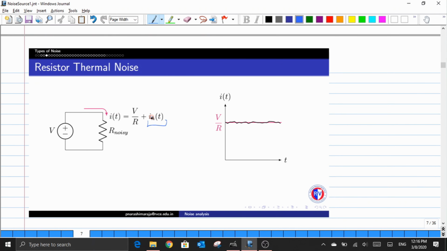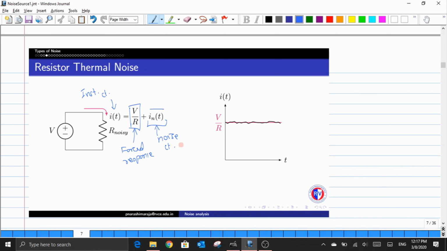The term denoted as I sub n of t with a bar at the top denotes the RMS value of our noise current. So this is the instantaneous current, the first term represents the forced response of the system, and the second term represents the RMS value of the noise current source.